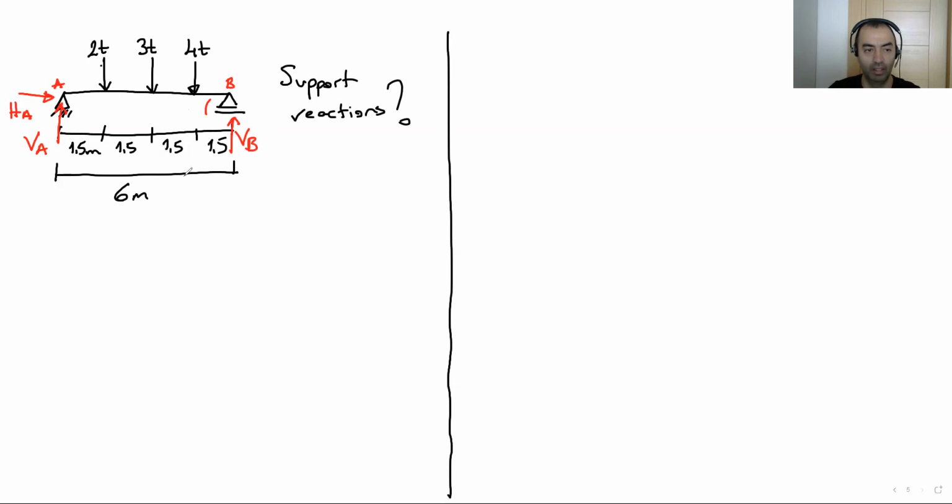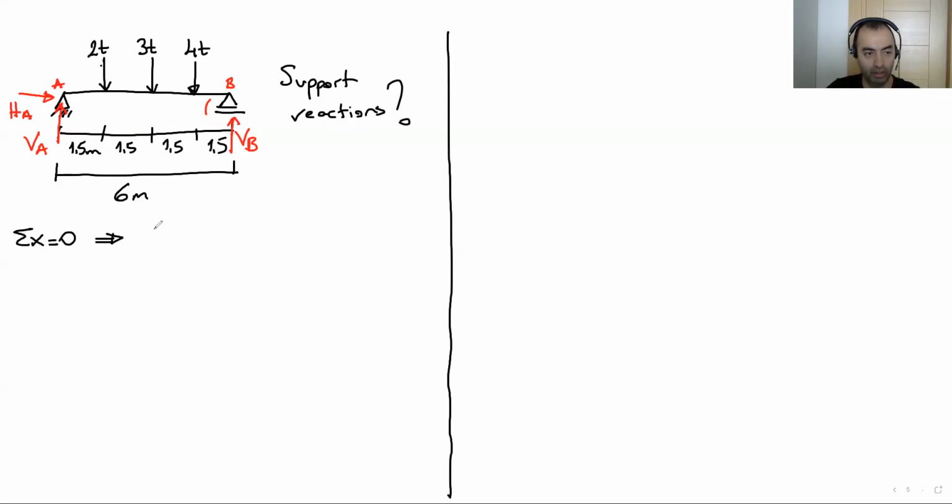So let's check the forces. Do we have any distributed force? No. All our forces are vertical. So let's write the first equation. Total X equals 0.